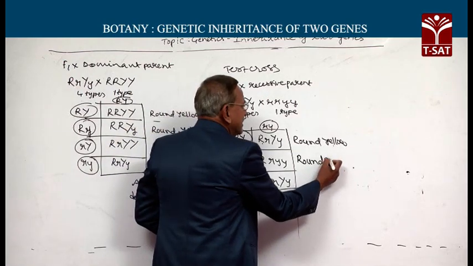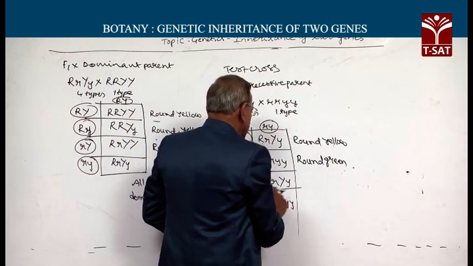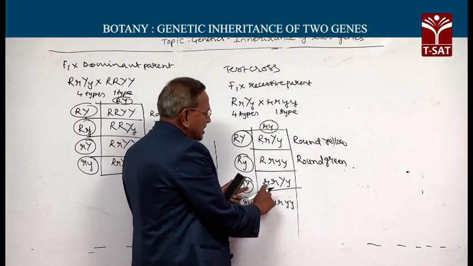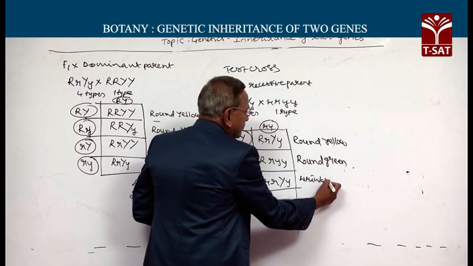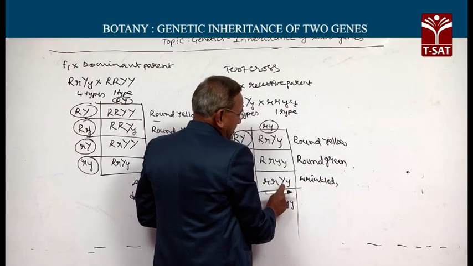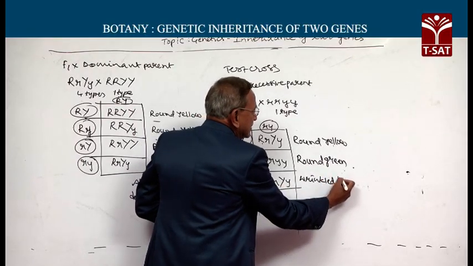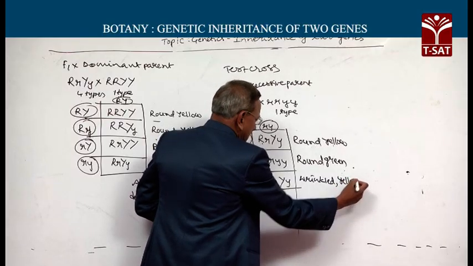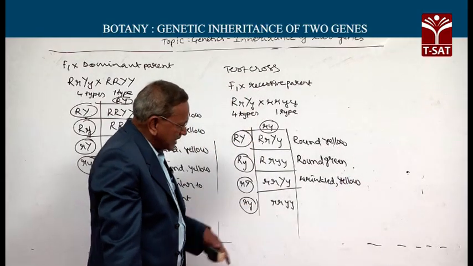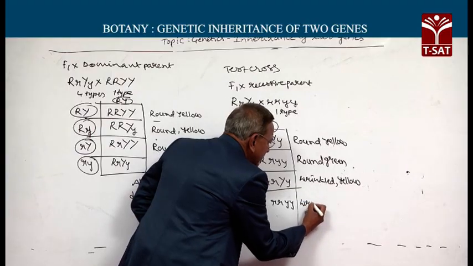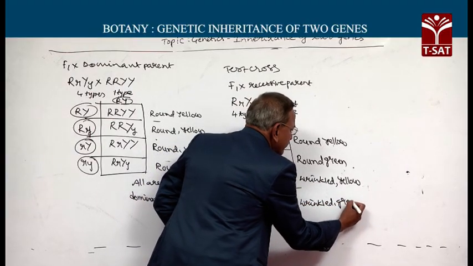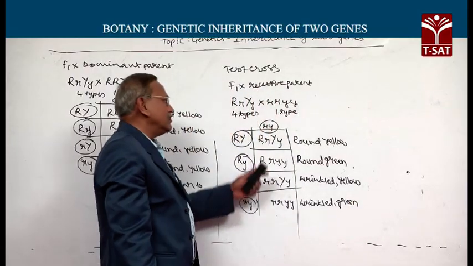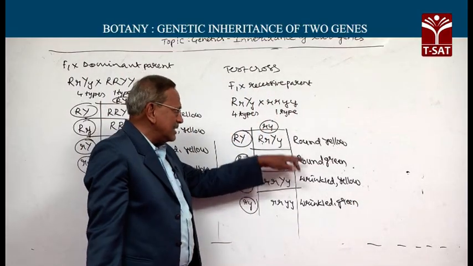Because of recessive shape genes it is wrinkled, and because of one dominant gene it is yellow. Because both pairs are recessive, it will be wrinkled green.